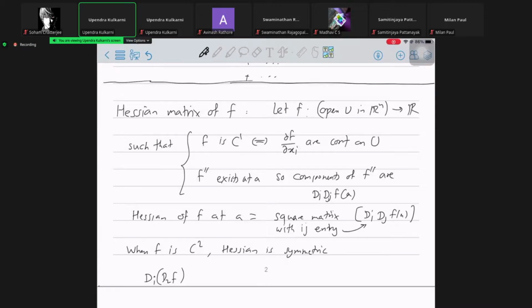And in that case, the partial derivatives have to be continuous, because f prime itself has to be continuous. Right. But as to your question, whether this is a necessary condition even to contemplate the Hessian, I think it's a valid question, but I don't know enough to say anything more. So let me not say anything.